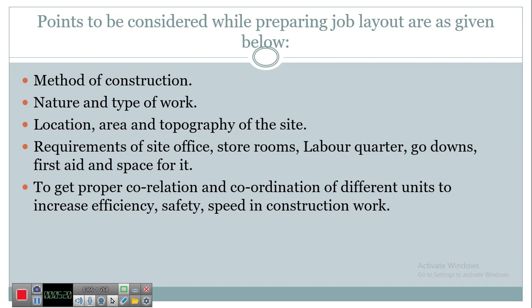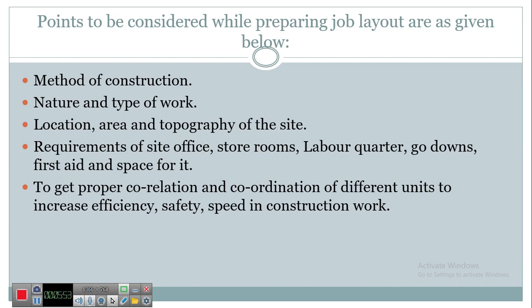Location of the site: if it is in the center of the city, then it will be accessible by all the roads, but if it is far away from the city, then accessibility for that location is required. For storing all the raw materials or construction materials, we require more space like godowns, etc. And another thing is topography of the site.